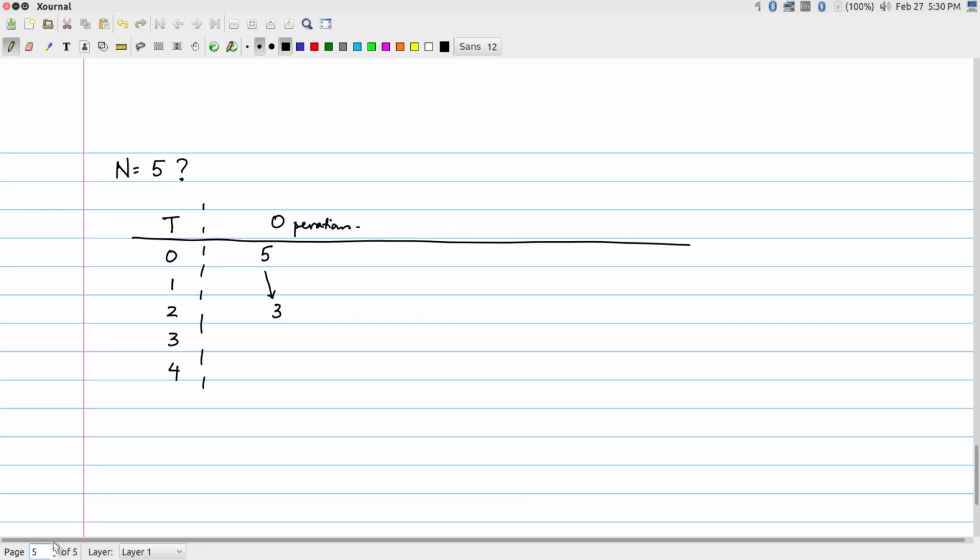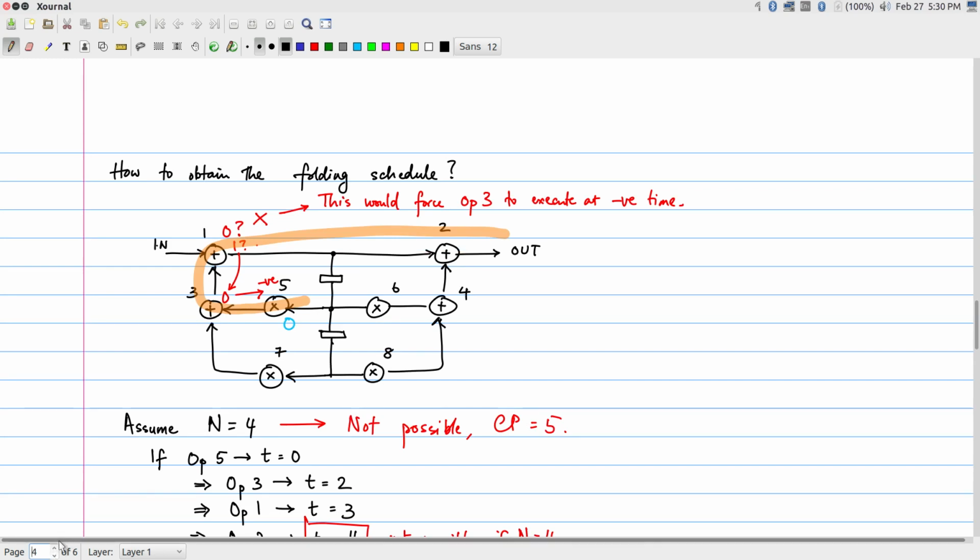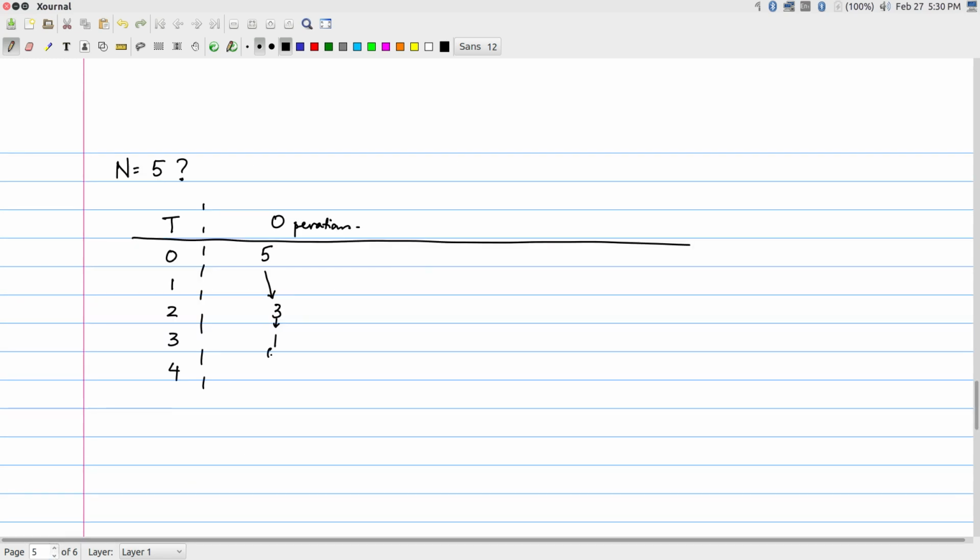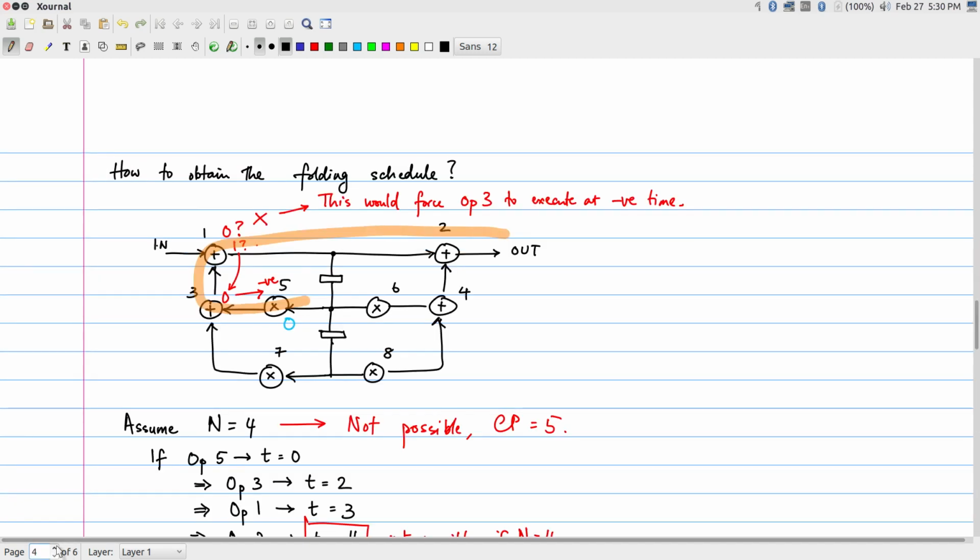Operation 1 at time 3 and operation 2 at time 4. What about the rest of my dependencies? That has taken care of this path 5, 3, 1, 2.